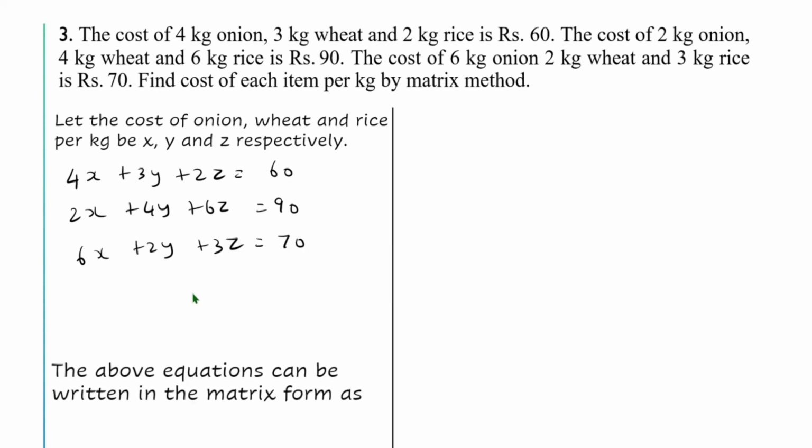Now, the above equations can be written in the matrix form as AX = B, where A is the coefficient matrix 4, 3, 2, 2, 4, 6, 6, 2, 3.